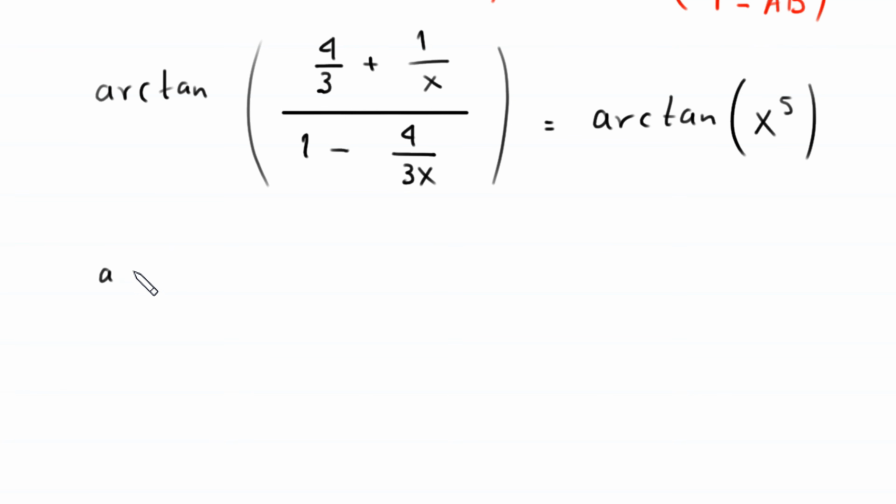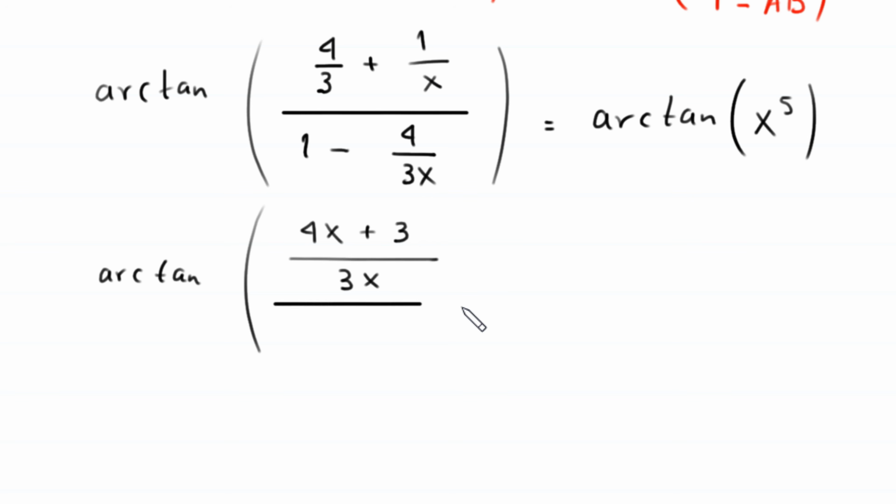Next, arctan of, we take the LCM of this 3 and x. LCM of 3 and x is 3 times x, and x times 4 will become 4x plus 3 times 1 will become 3. All this divided by, we can write the denominator of this 1, and we take LCM of 1 and 3x.